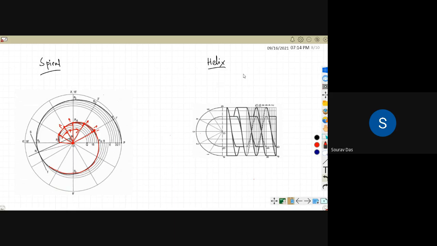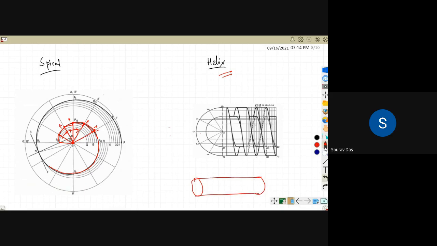Then what is a helix? It is a curve generated by a point moving around the surface of a right circular cylinder or right circular cone. Here you can see this is a right circular cone.